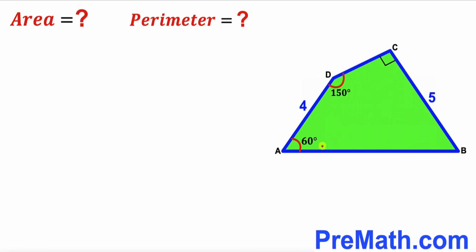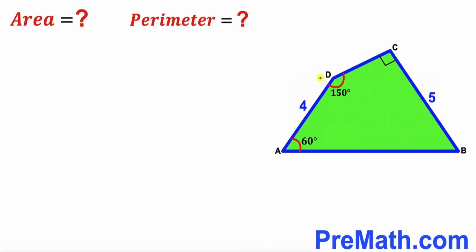In this video, we have this green shaded quadrilateral ABCD, as you can see in the given diagram, such that angle BAD is 60 degrees, angle ADC is 150 degrees, and finally angle BCD is 90 degrees.